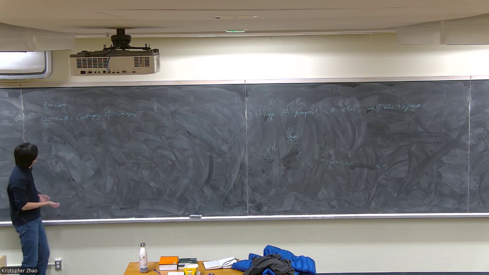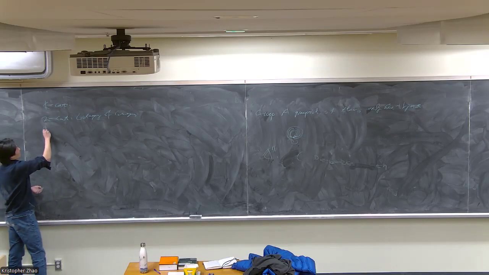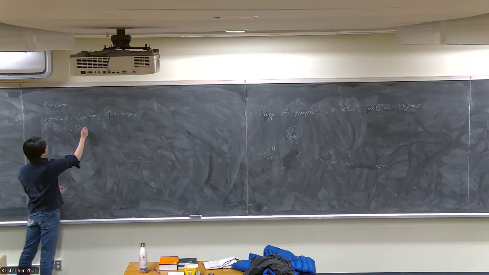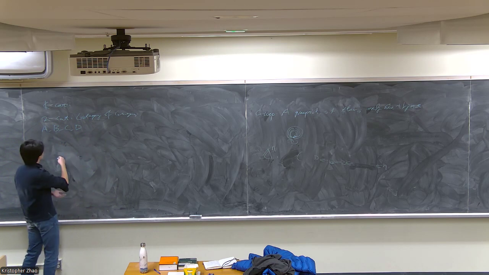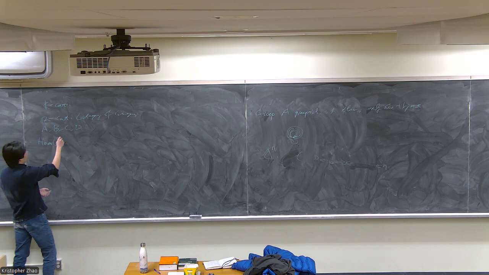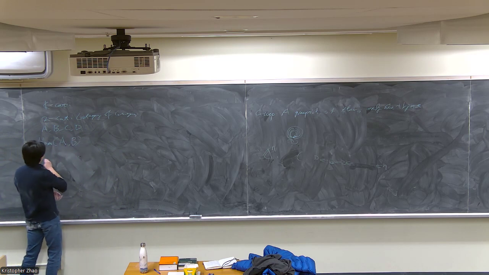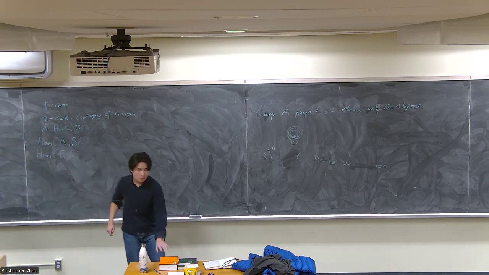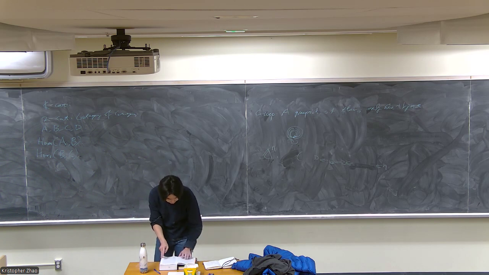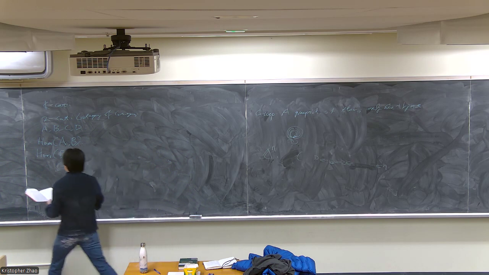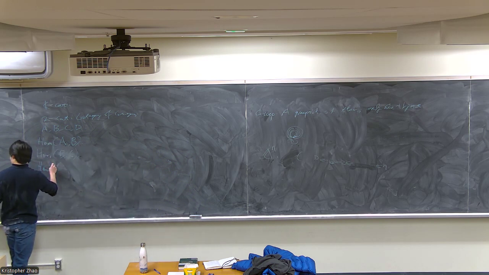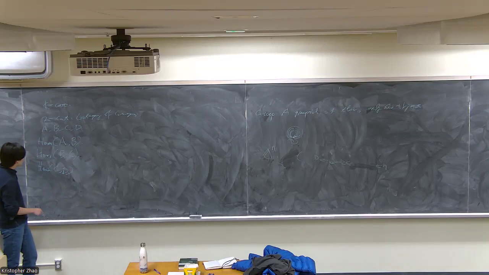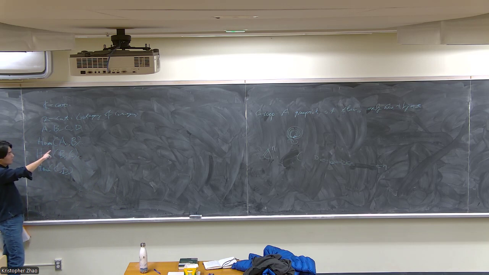Given A, B, C, D, just ordinary objects, you have Hom(A,B), Hom(A,C), and Hom(C,D). These Homs, well, it's usually a functor into sets, but in this case it is a functor into categories.